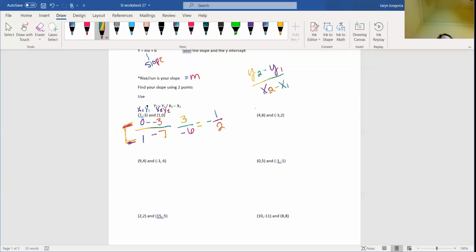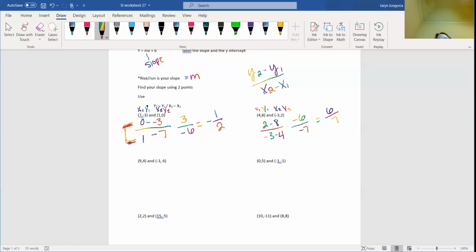I'm just going to keep doing that now. x1, y1, x2, y2. So then you're going to have 2 minus 8 over -3 minus 4, which gives you -6 over -7, so your slope will now be 6 over 7.